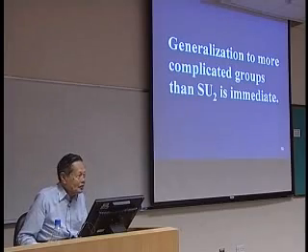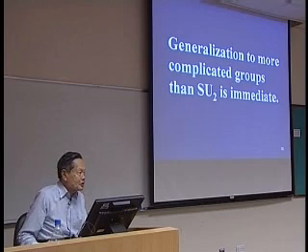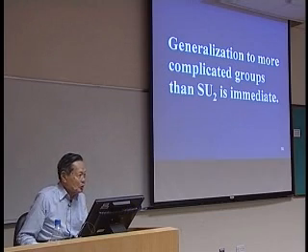But if you go to more complicated groups, everything follows exactly the same. Only you make things larger representations. For example, you can make SU3 or in fact any Lie groups.